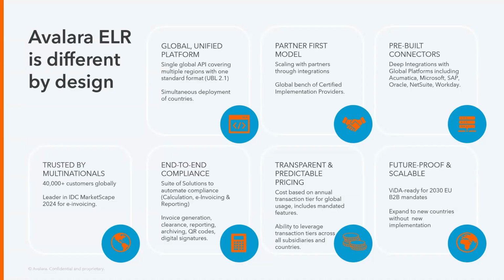Also by design, it has various pre-built connectors like Microsoft, SAP, Oracle as a partner. Also, we have scalable partner integrations, which help our partners to provide the best solution.